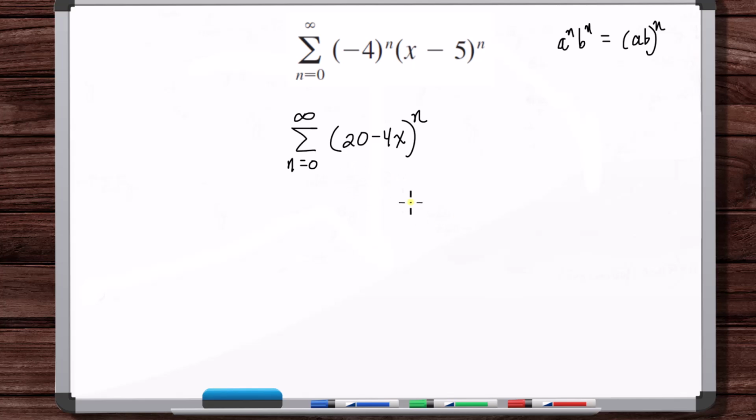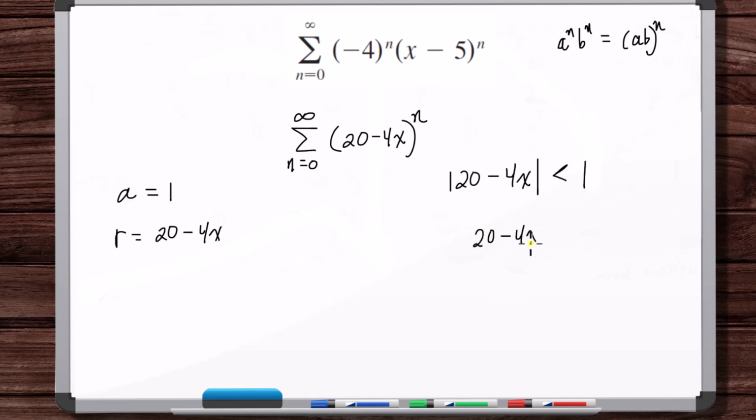There we go. That is a geometric series with the first term equal to 1 when n is equal to 0, and r is equal to 20 minus 4x. So for this to be convergent, we need the absolute value of 20 minus 4x to be less than 1.